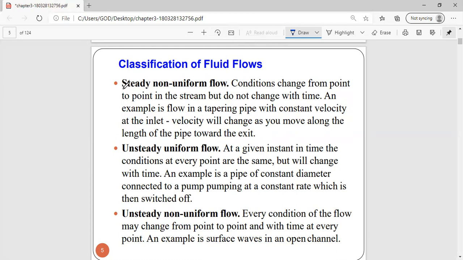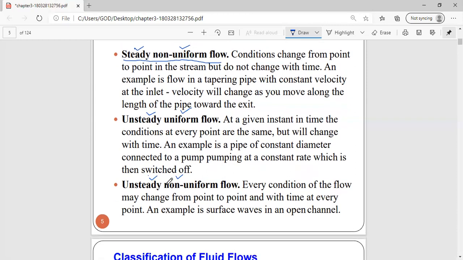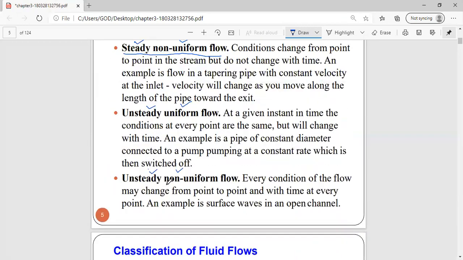If you take steady non-uniform flow, that means with reference to time it is constant, but with reference to space it is changing. Unsteady uniform: with reference to time it is changing, but with reference to space it is constant. Unsteady non-uniform means it is not constant with reference to time, and with reference to space, or point, also not constant. Now what will be the equations for all these?